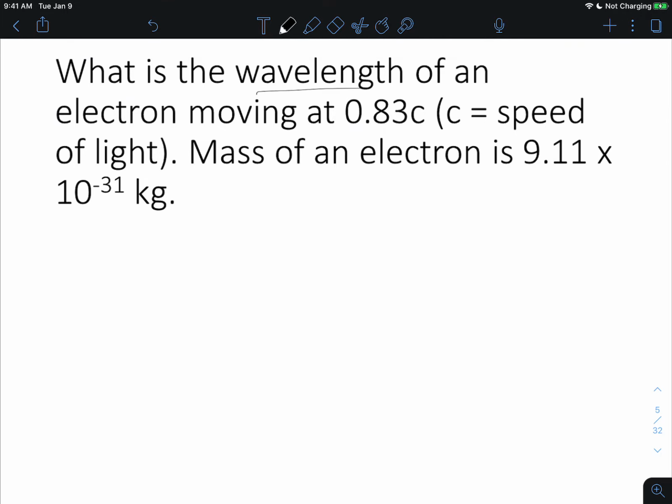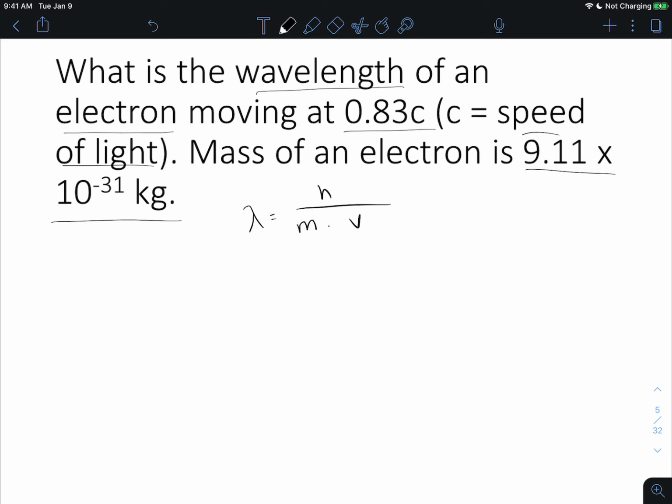Okay, we're going to look at the wavelength of an electron that's moving at 0.83 times the speed of light. And the mass of an electron, if we recall, is 9.11 times 10 to the negative 31 kilograms. So we're going to be using the following equation. Our wavelength is equal to Planck's constant divided by our mass times our velocity.